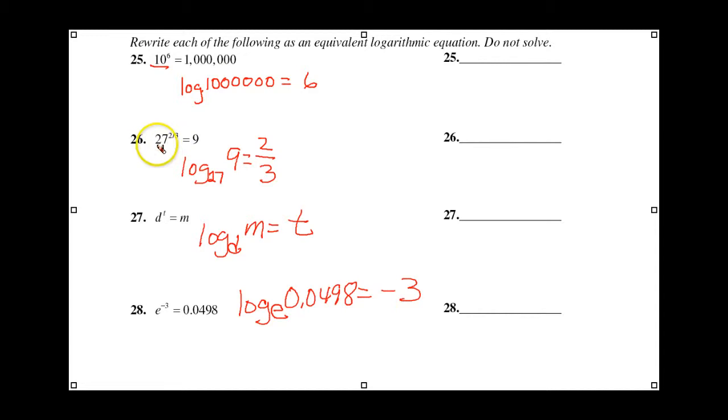And then here our base is 27, so the log base 27 of 9 is 2/3. Remember, this is the exponent out here. And you can just check your work. And pause it if you need more time.